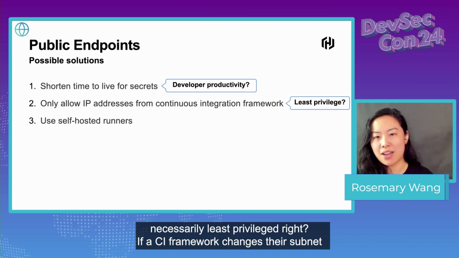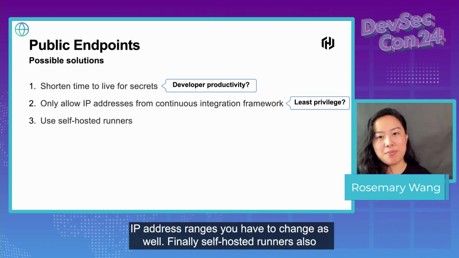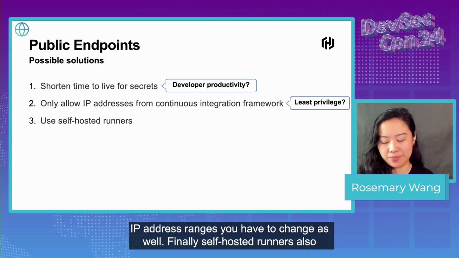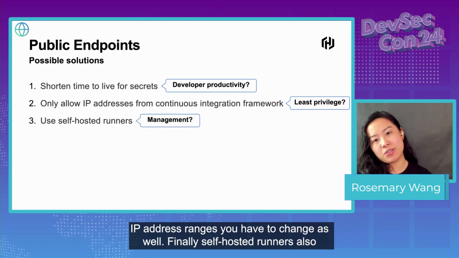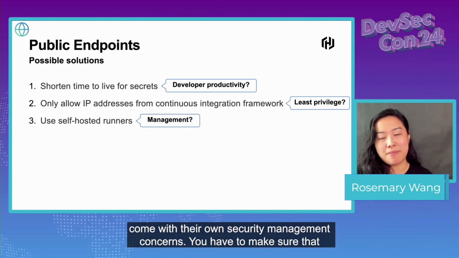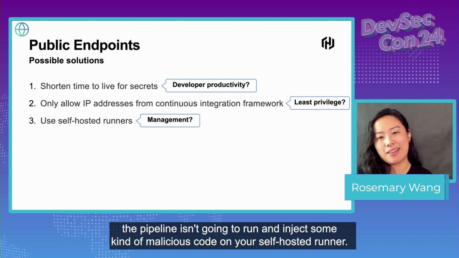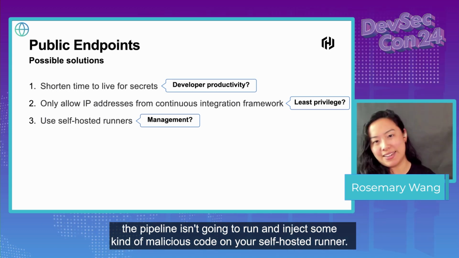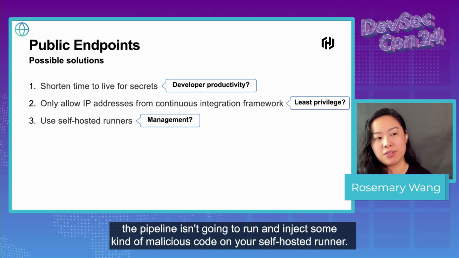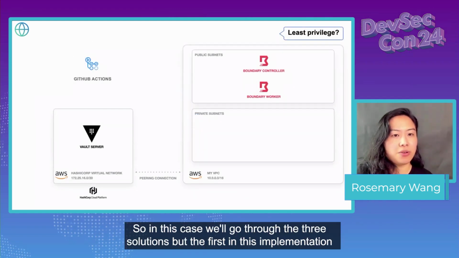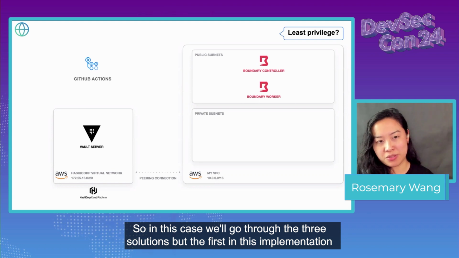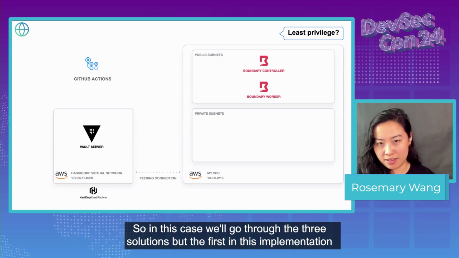If a CI framework changes their subnet, IP address ranges, you have to change as well. Finally, self-hosted runners also come with their own security management concerns. You have to make sure that the pipeline isn't going to run and inject some kind of malicious code on your self-hosted runner.